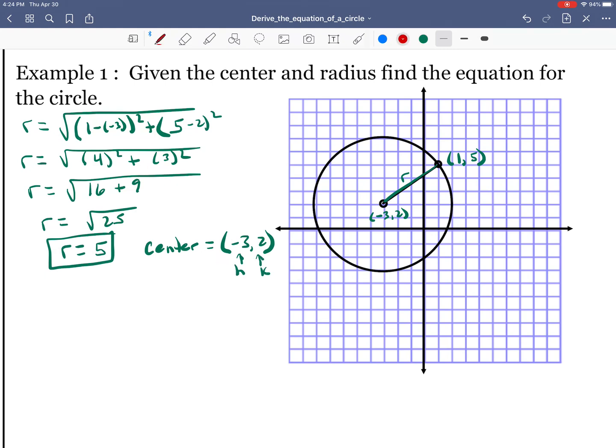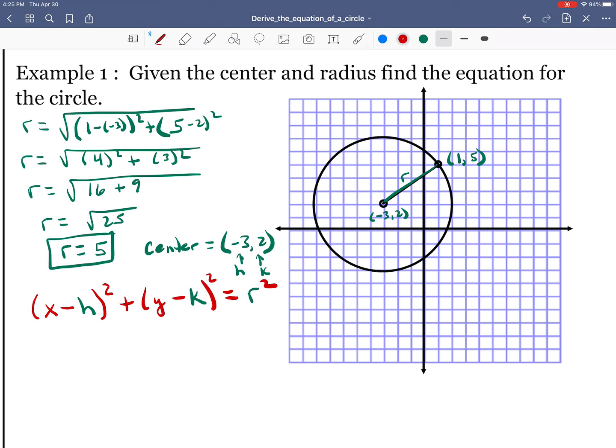So now I'm going to write my equation for a circle, which is x minus, and I'm going to bring in that h right here, quantity squared, added to y minus, and I'm going to put in my k right here, equal to my radius squared. Oops, I forgot the squared. There we are.